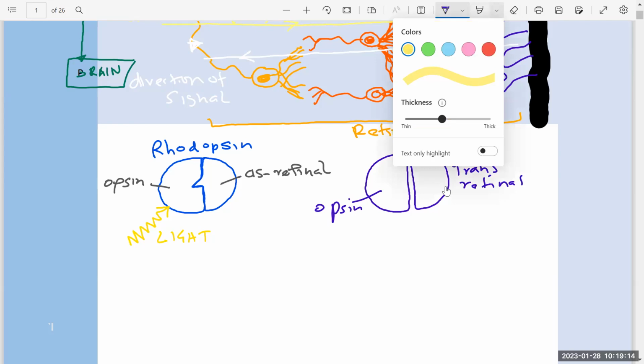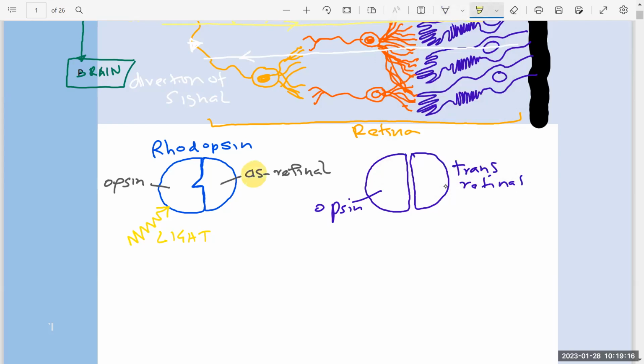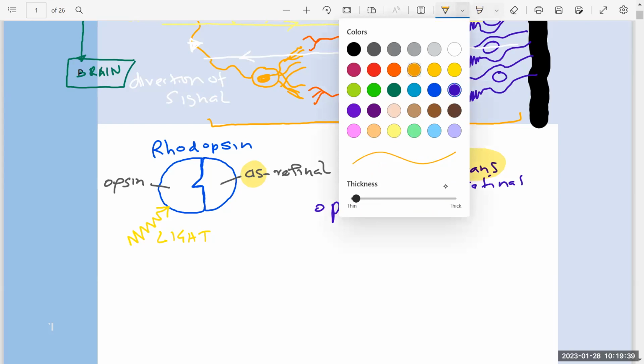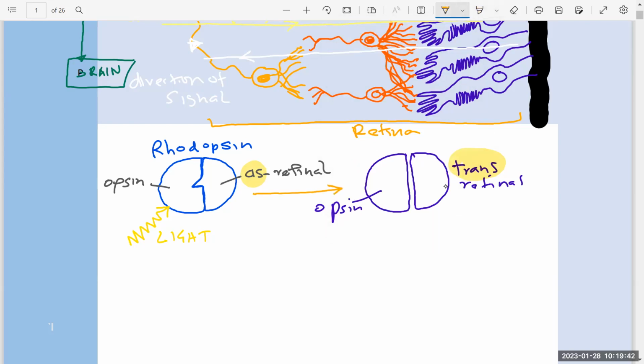The main difference is this cis form becomes trans. When the cis form becomes trans, you can also notice in this picture, they are separating. They are no longer together. They separate from each other. And this effect is called a bleaching effect.